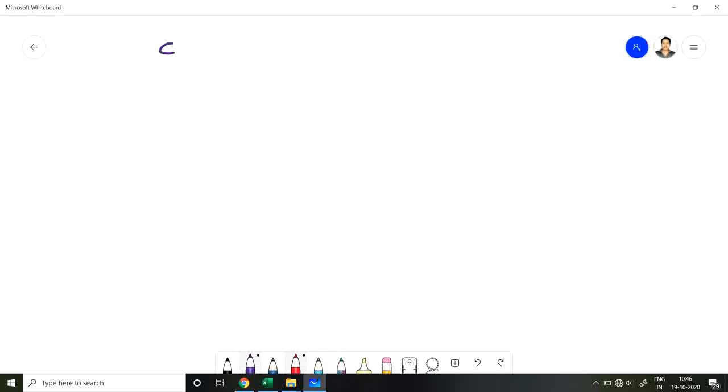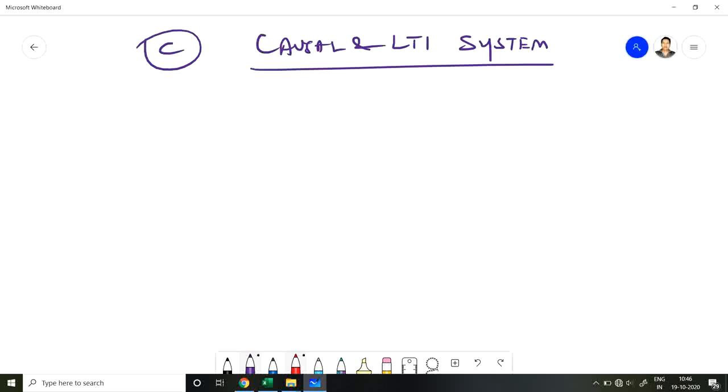The next characteristic is very important, and it is about causal LTI systems.